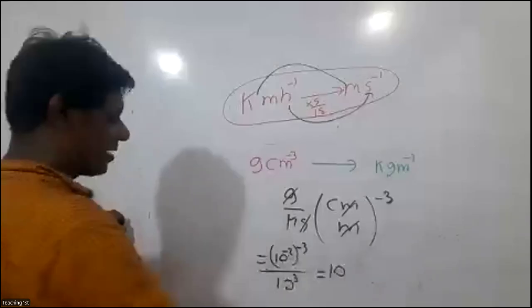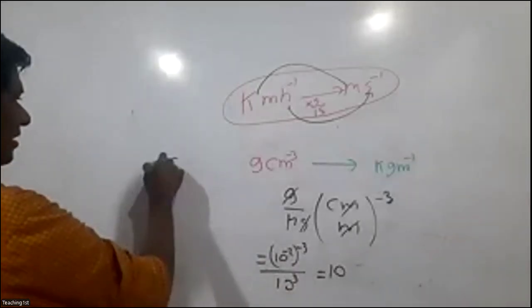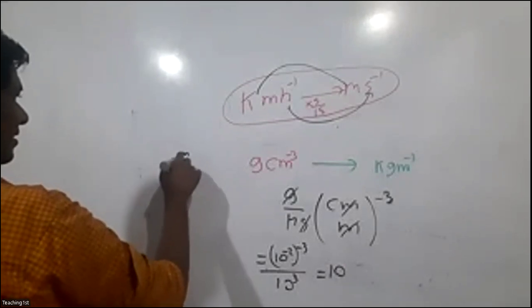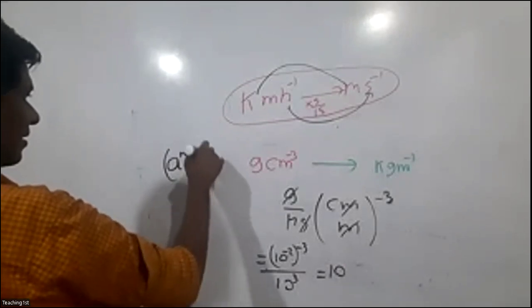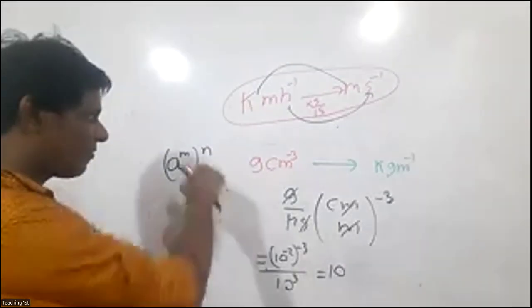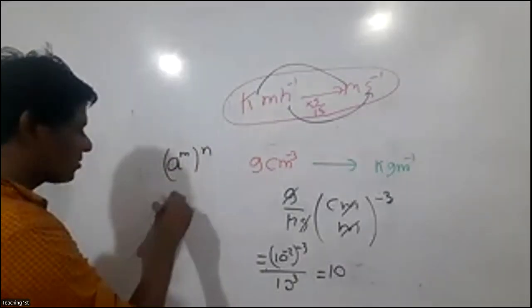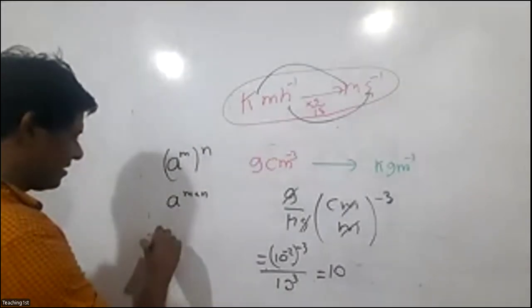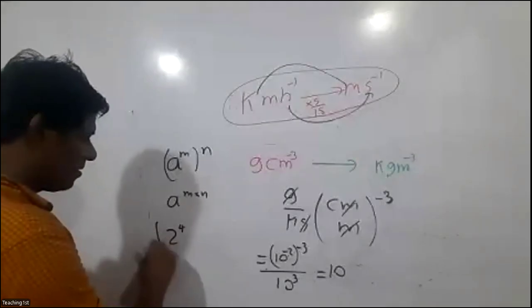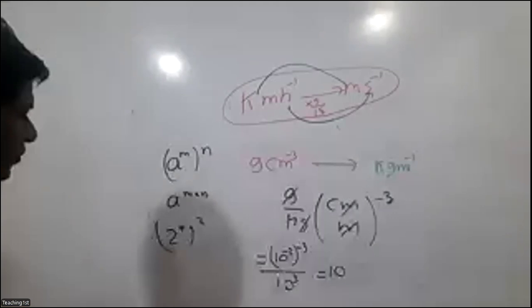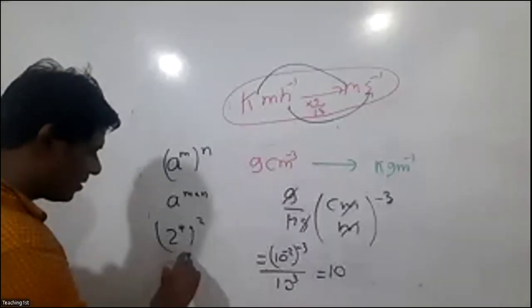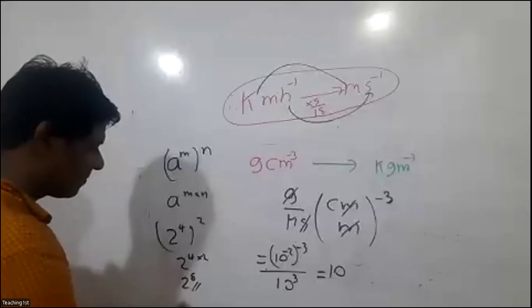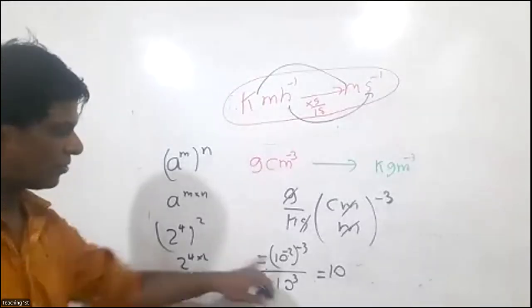Okay, you have to remember one very important rule in mathematics. What you really do when you find this type of scenario is solve it like (a^m)^n. 2 to the power 4, then to the power 2, you multiply 4 times 2 and write 2 to the power 8. The same knowledge we have to use here.